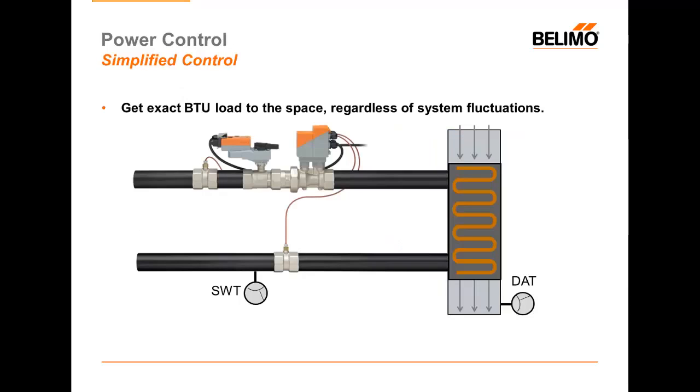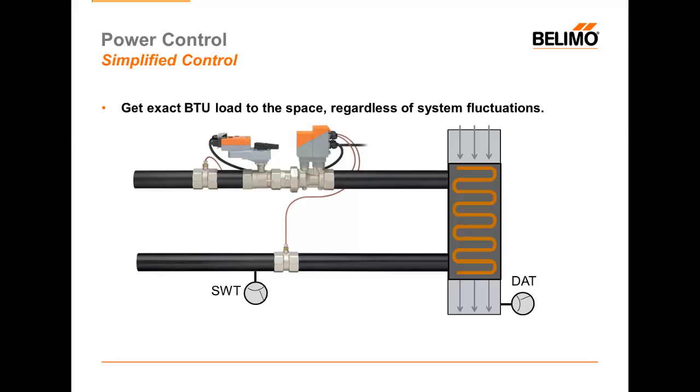In addition to better control, as I said earlier, this allows us to avoid temperature problems within our system. So supposing that my supply water temperature was a little bit warmer than design. Suppose I'm expecting 42 degree water at my coil, but for one reason or another it makes it there at 44 degrees. Well, 44 degree water is not going to produce as much BTU at the same GPM as 42 degree water, and therefore I will have less BTUH exchange into the space, and ultimately I should disrupt my discharge air temperature.